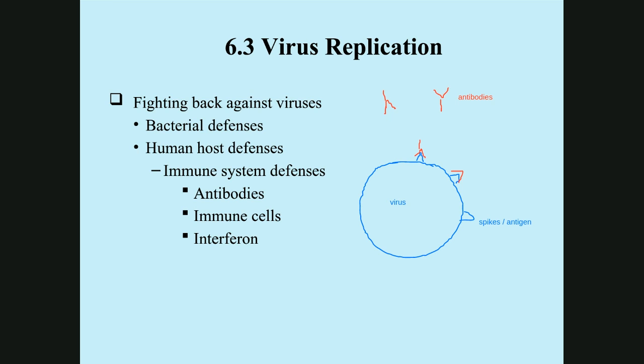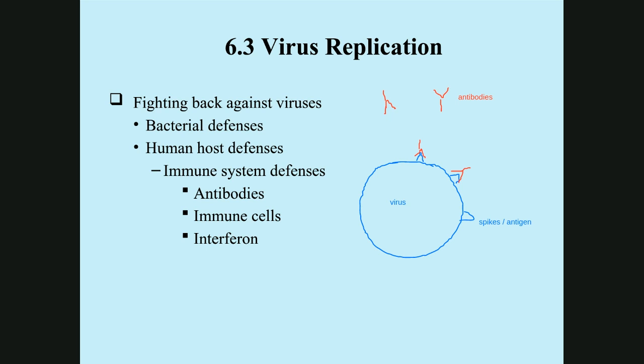Okay? And then when that happens, that will really reduce the amount of viruses that can get into the cells, because oftentimes they'll use those spikes as a way to get into our cells, to kind of trick our cells into taking them in. So if we can stop that, if we can kind of stick them up with all these antibodies, they can't get into the cell. Okay?